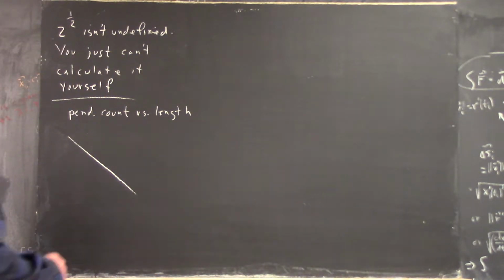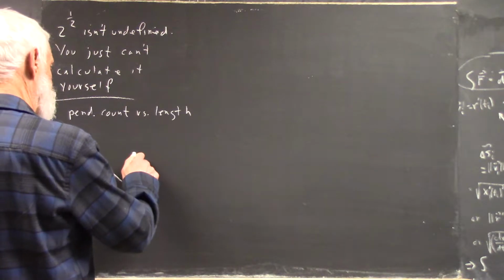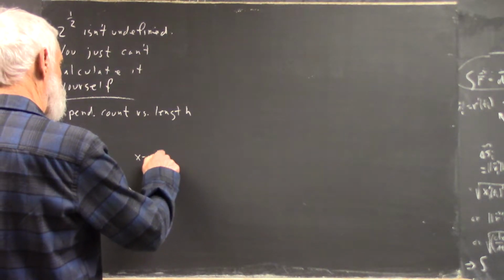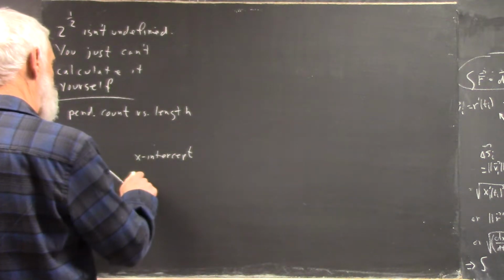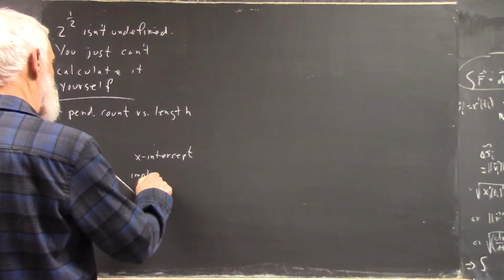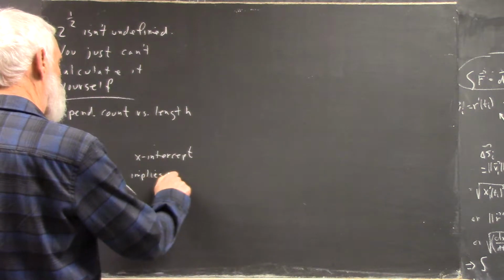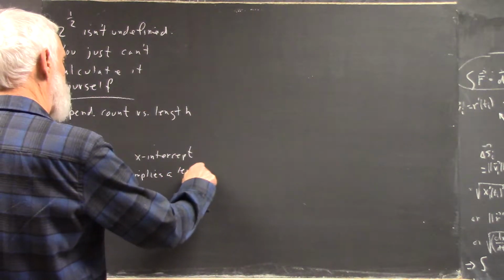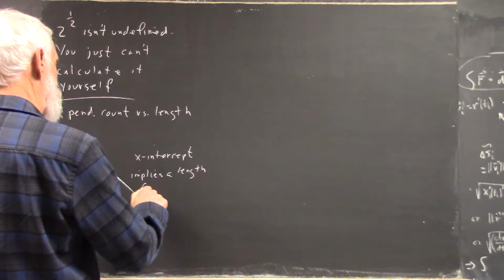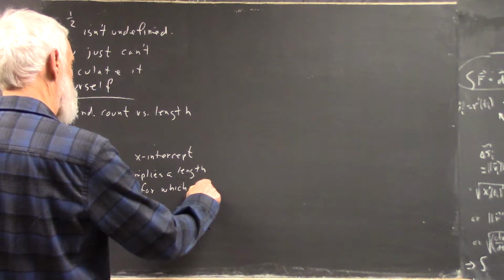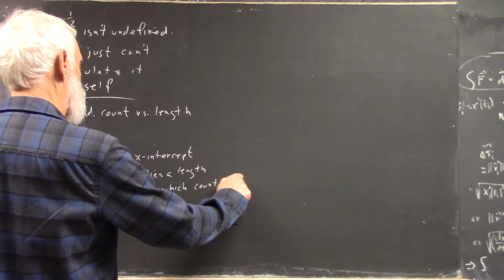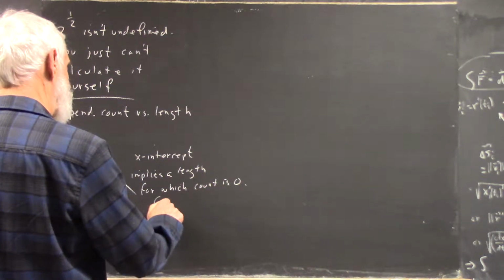Okay? So the x-intercept of this graph implies a length for which the count is 0.